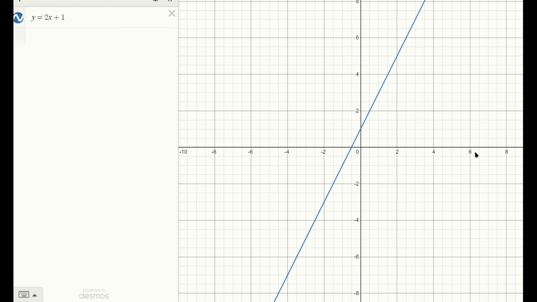Notice that all x values can be used as inputs, so the domain is all real numbers. In fact, if you look at all the resulting outputs, you will notice that the range will also be all real numbers.